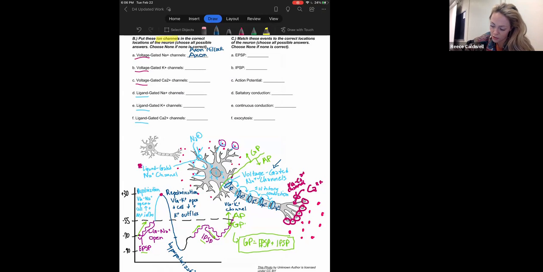Voltage gated potassium channels, we also see them at the axon hillock and the axons. Voltage gated calcium channels, we see at the axon terminal. So that's where we see our voltage gated channels.